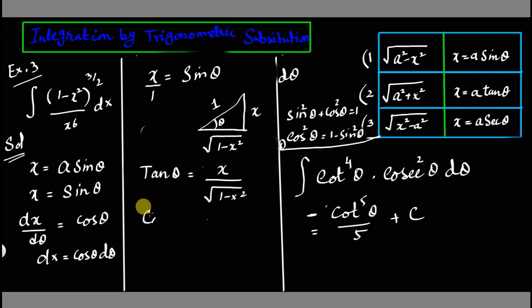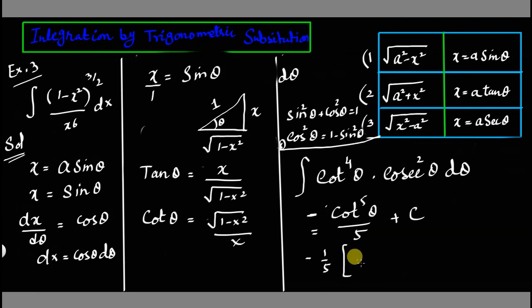If we want to find the value of cotangent theta, just reciprocate the answer, so you will be left with square root of 1 minus x square over x.